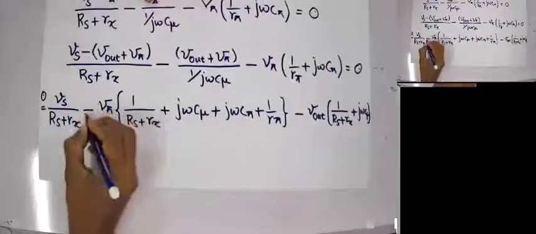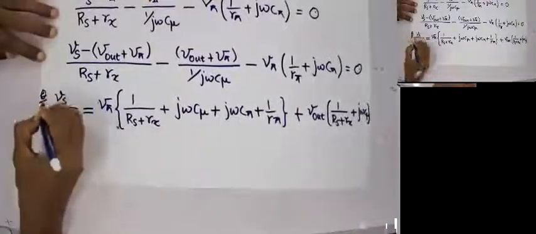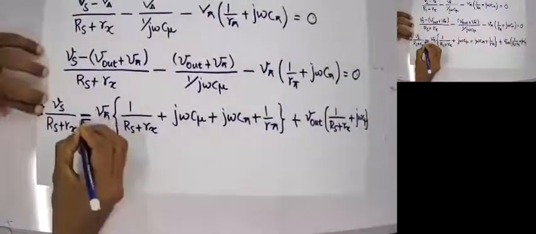Right, now what we can do is, there are two minuses, so I can put an equal sign and make it plus. Am I right? Since there are two minus signs, just bring it across the equal sign.